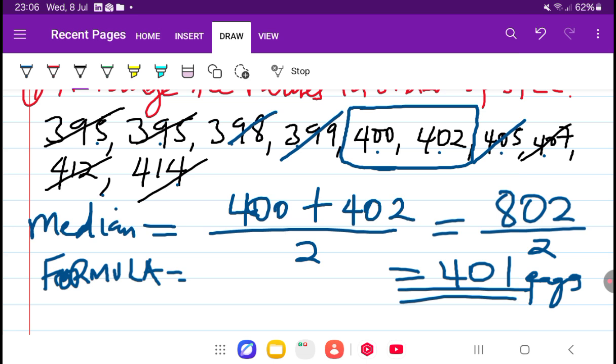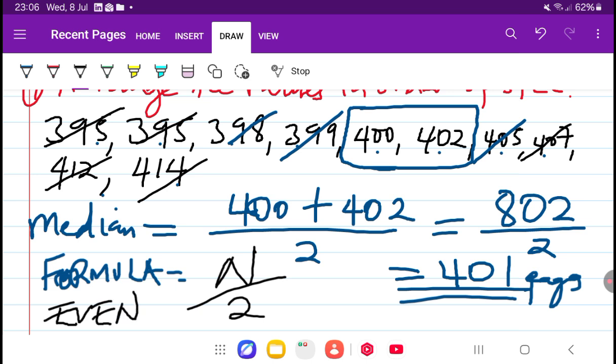Now if you want to use a formula for even values, it's n over 2. This is even. We get n over 2, and we counted these values were 10. Divide by 2, that gives you 5. The fifth number.